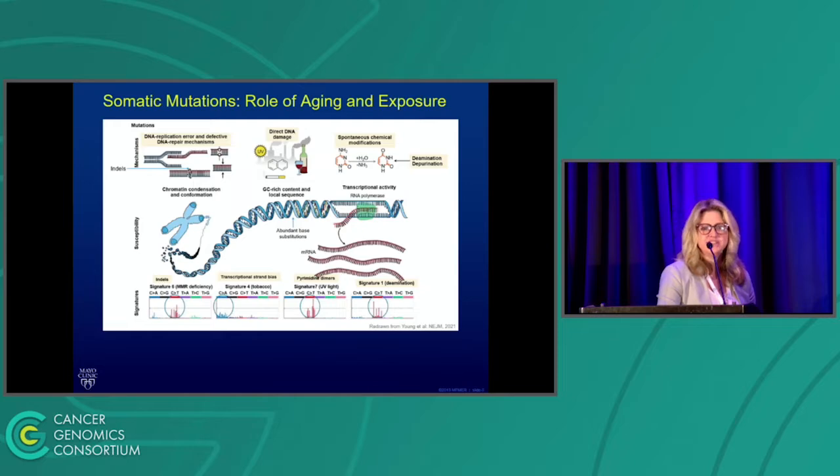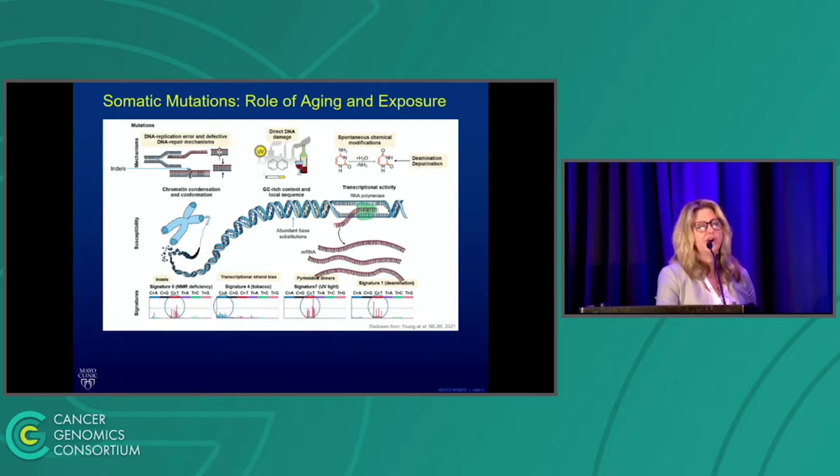There are endogenous toxins that we're continuously exposed to our whole lives, whether it's our skin and UV light, smoking in the bronchial epithelium, alcohol in our liver, or spontaneous chemical modifications due to deamination or transcriptional strand bias.